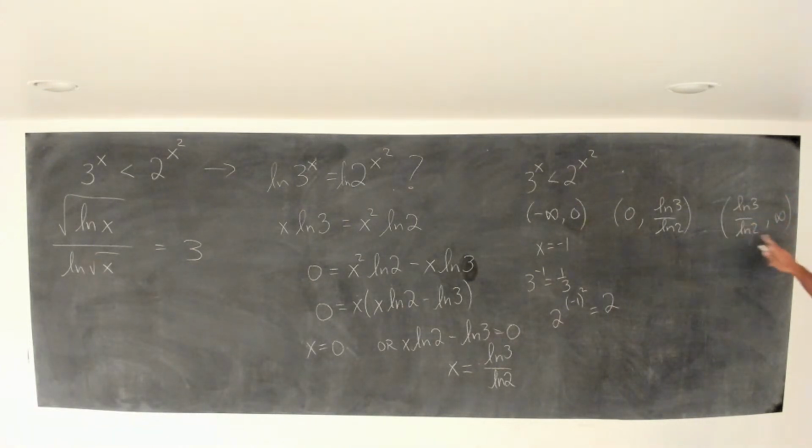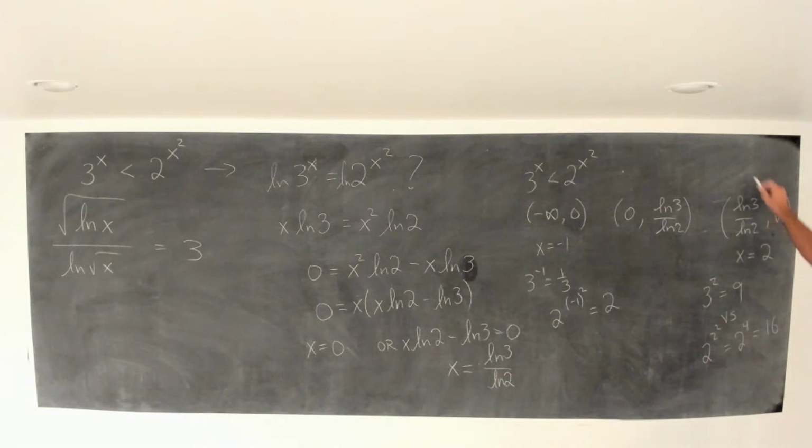Here, if you take a very large number, doesn't actually have to be too large. If you take x equal to 2, we're going to have 3 squared, which is 9, versus 2 to the 2 squared, which is 2 to the 4, which is 16.